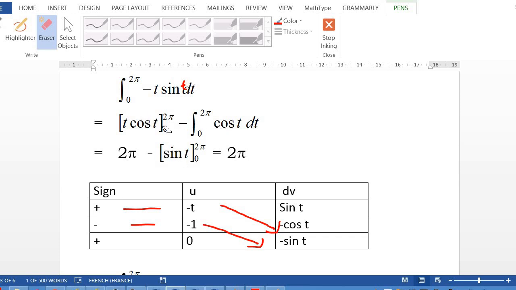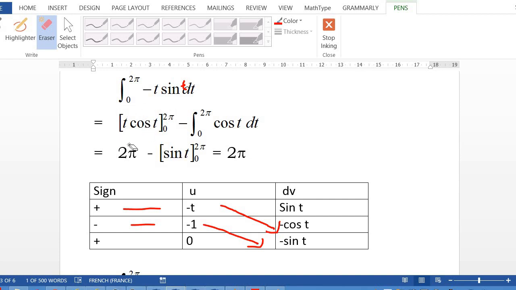Here I am using integration by parts, but if using tabular, straight away you get the result t cos t from the first slanting arrow, and the second result is negative sin t. Using integration by parts you need to do it twice, but with tabular you straight away get this result and this result.